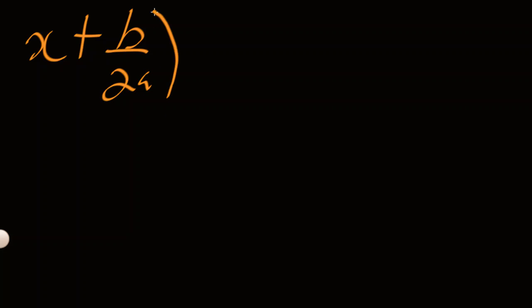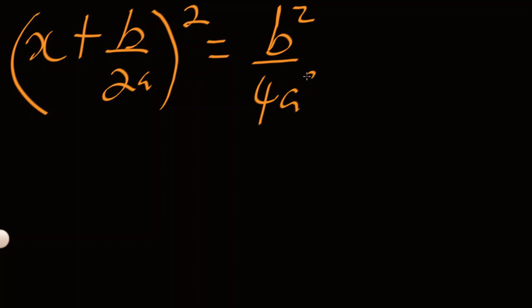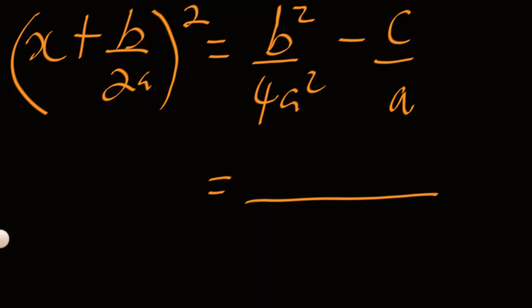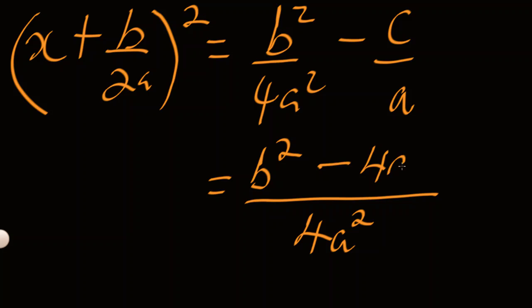Okay, so we have already (x + b/2a) squared being equal to, I'm going to rewrite it as b squared over 4a squared minus c over a, and I put all this under a common denominator of 4a squared. 4a squared into 4a squared, I get 1 times the b squared, which gives me b squared, minus a into 4a squared, I get 4a times the c, that's 4ac.